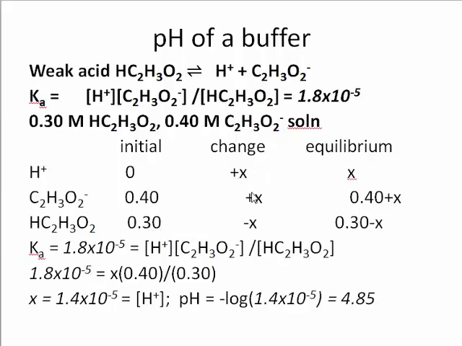H plus and acetate must increase by X. Acetic acid concentration must decrease by X. And hence we have these equilibrium quantities.